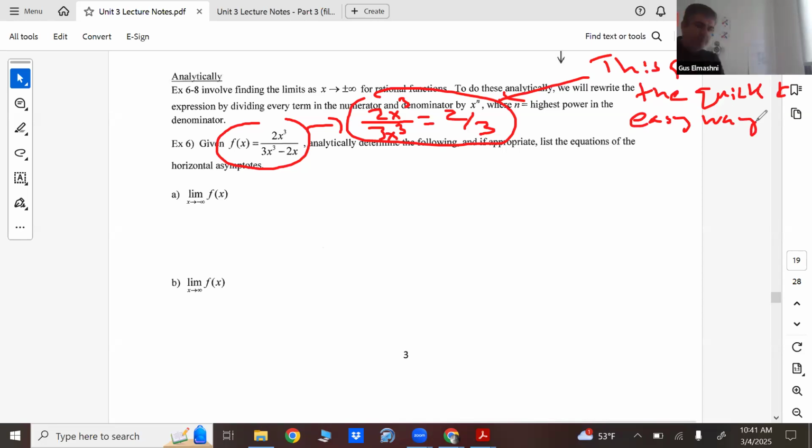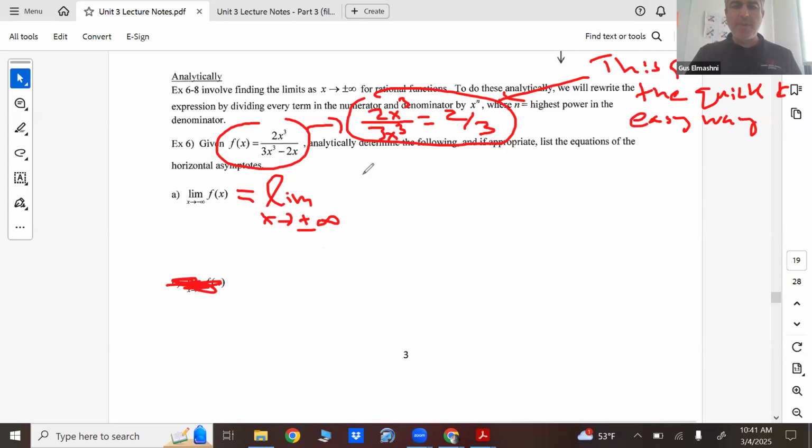But the more formal way is this. The limit as x approaches, and I'm just going to consolidate all of it. I'm not going to do this twice because that's kind of stupid. I'm just going to consolidate like this.